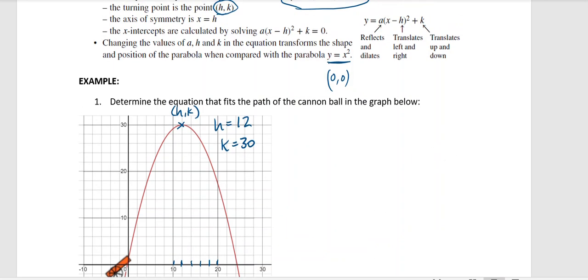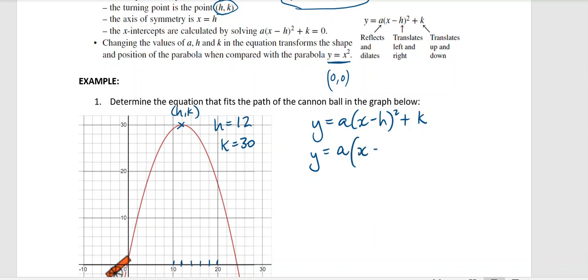So let's write out our basic form for a turning point version of a parabola. I'm going to put in a. At this stage I don't know what a is, we're going to come back to that. At the moment I know it's negative because it's upside down, a frowny face.